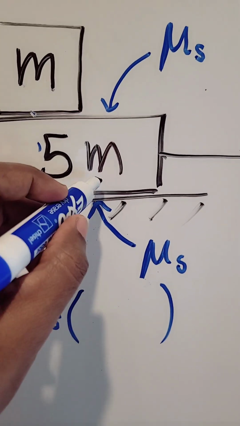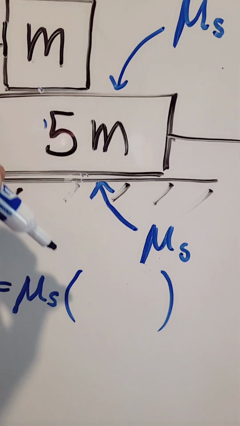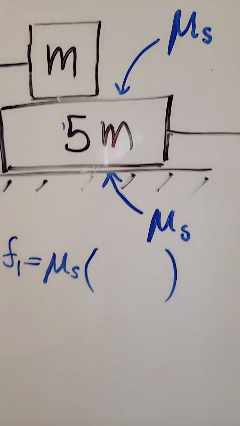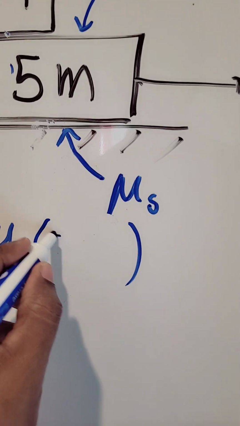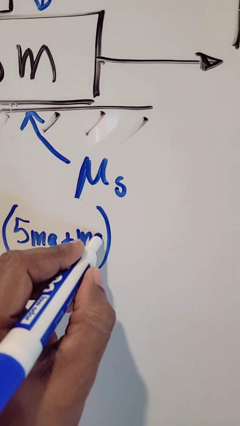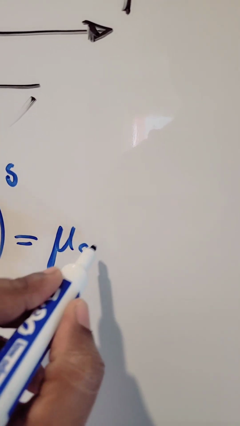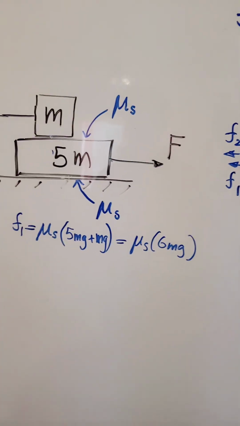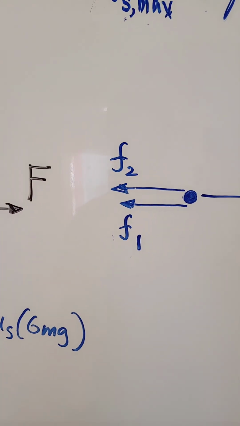So it's not just 5m, there's 5m plus m, 6m g, because force means m times g, right? So 5m g plus mg. So then we will have mu s times 6mg. Okay guys, so that's static friction force 1.